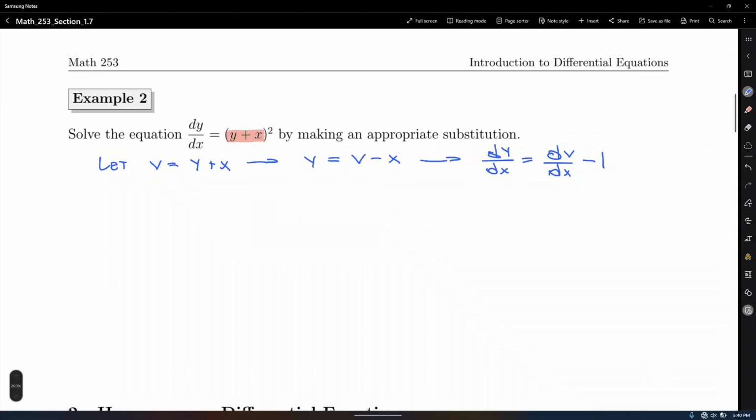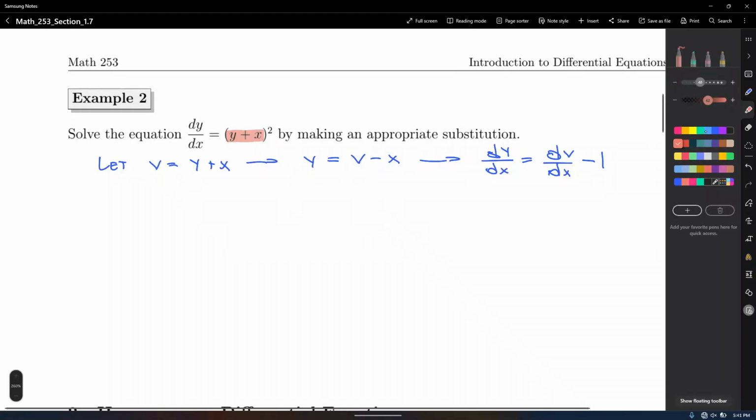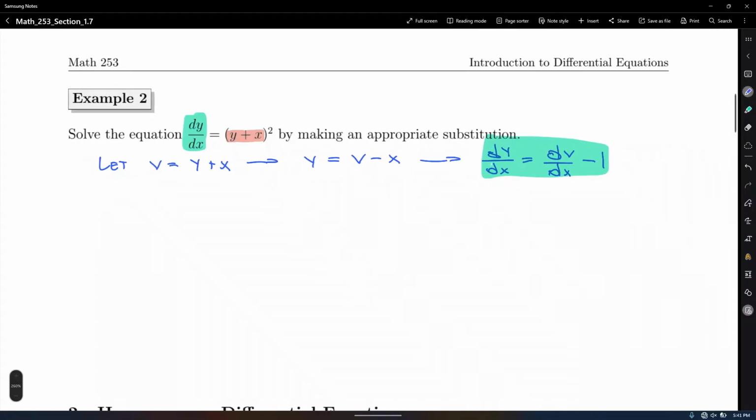I mean, if you want to do dx over dx, well, that's 1, all right? With that in mind, this is what we are going to substitute in place of dy dx. That's why we'd rather solve for y and do the calculus on y, of course keeping in mind the chain rule with implicit and all that.